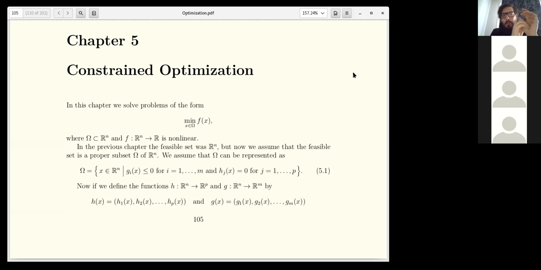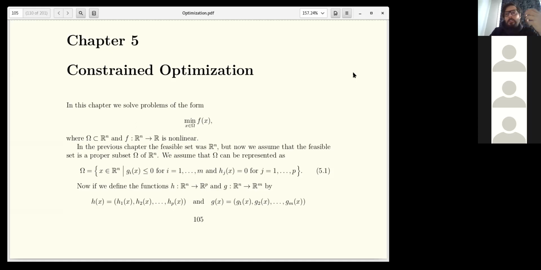So if our constraint is something like x squared is smaller than or equal to 5, then we can make it x squared minus 5 is smaller than or equal to 0. This is not a loss of generality in any way if we assume that it's of the form g of x is smaller than or equal to 0.